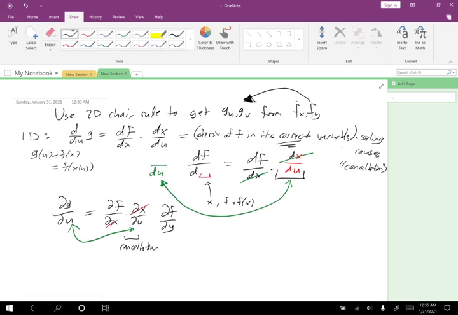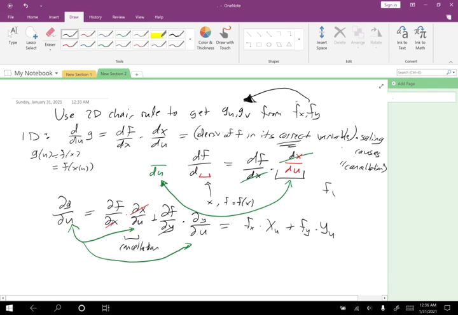Now I just do the exact same thing. I put a dy here to cancel, and then I put a du here so that it matches the left-hand side. So let me just rewrite that a little more compactly: f sub x times x sub u plus f sub y times y sub u.